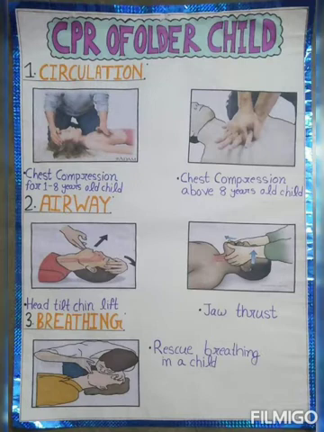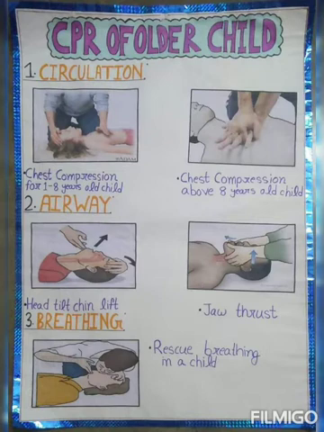There is also a picture of the jaw thrust. Pull the victim's jaw forward by placing the fingers behind the angle of the jaw and lifting it forward until the teeth of the upper jaw and the lower jaw are approximated.